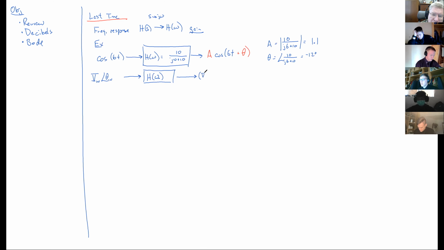We're going to multiply our input phasor by our transfer function, evaluated at omega naught. So splitting it out, you see we've got our input here, and we have our gain.